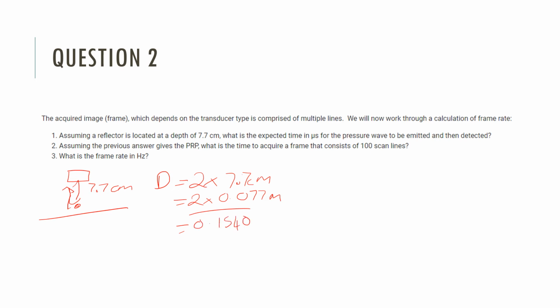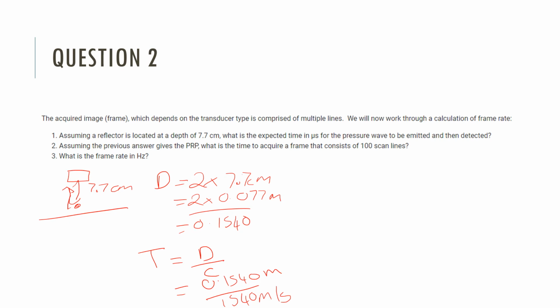Now we know from, again, first principles that time equals distance over speed, or speed equals distance over time. So we just work that equation around. If we plug in everything we know, that's going to be 0.1540 over 1540 meters per second, and here's meters.